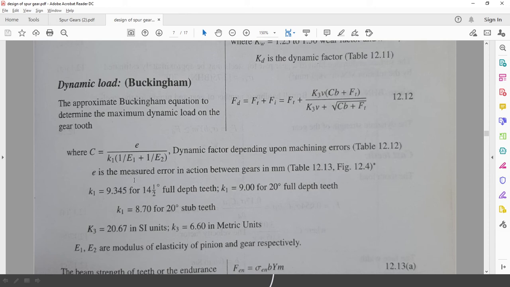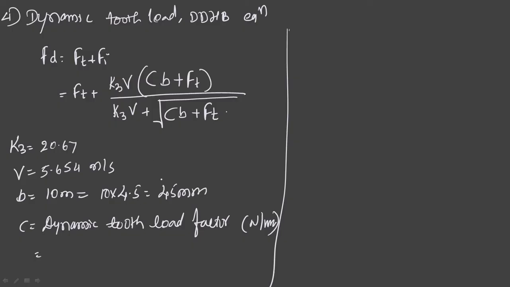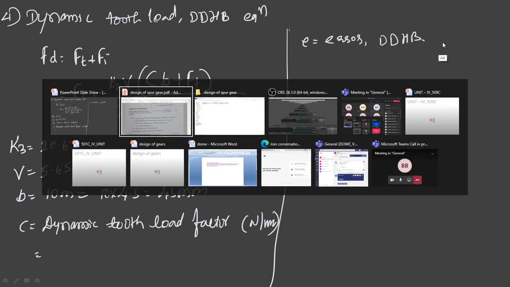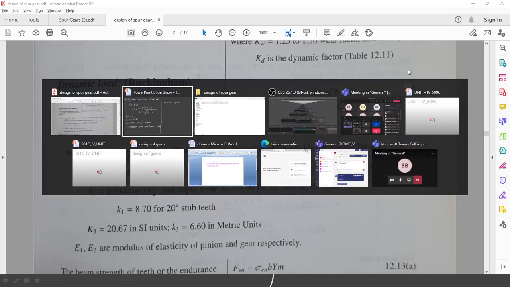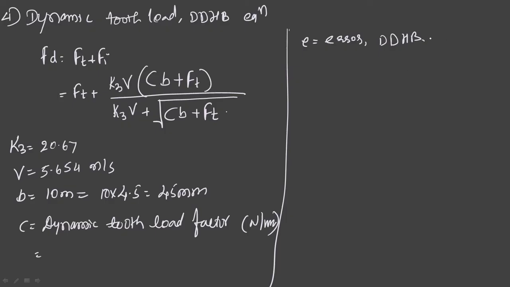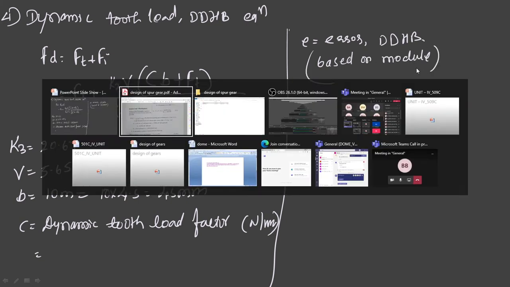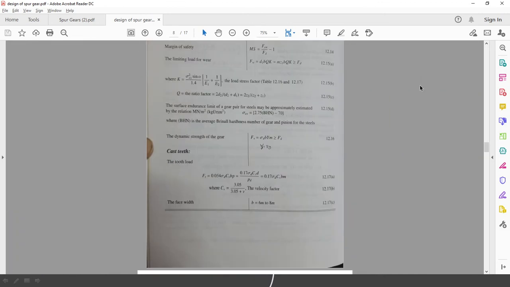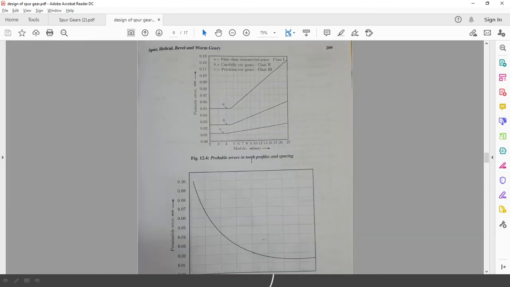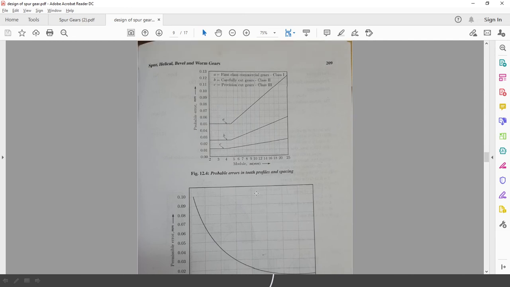Let us find the error first, E equals error. Referring to the design data handbook, we can go based on two parameters: pitch line velocity or module. Let us go based on module. Refer to figure number 12.4.